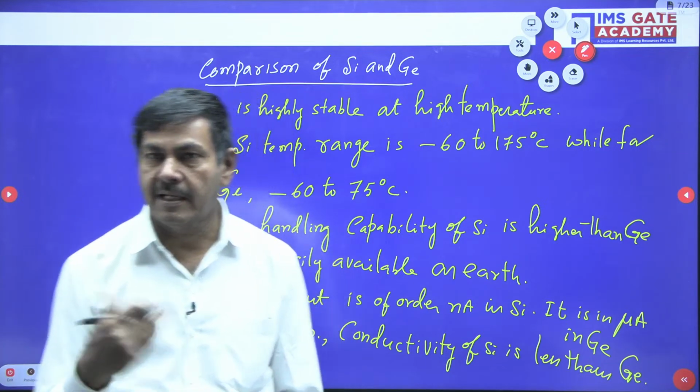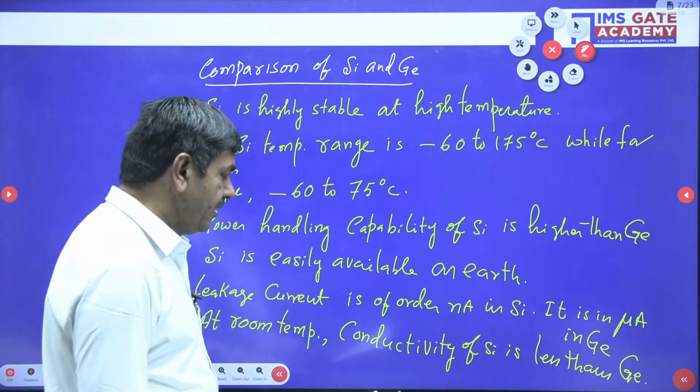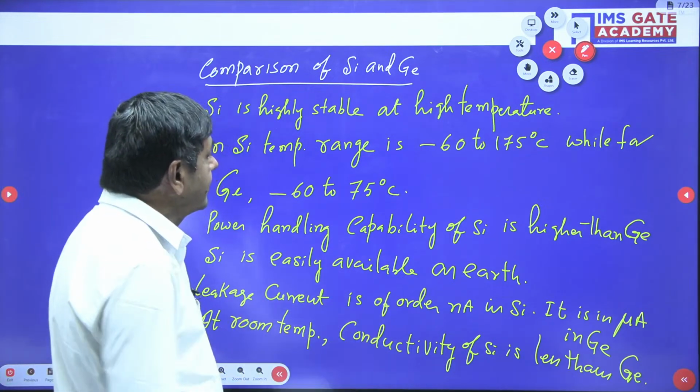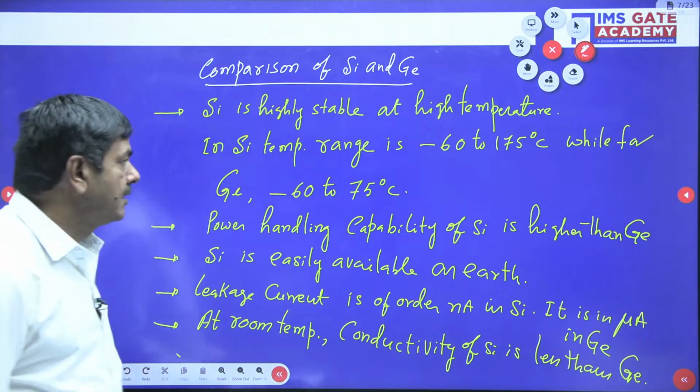That is why the conductivity is higher there. These are all the points required for germanium and silicon here. Understand my point?